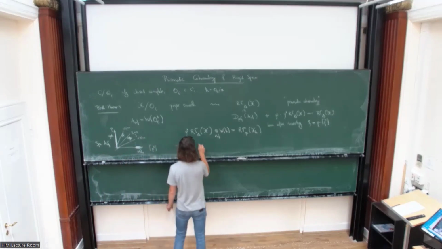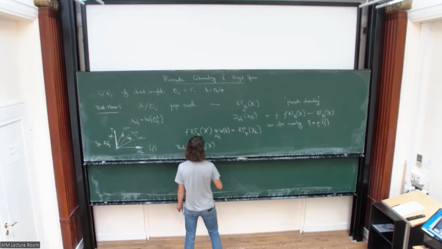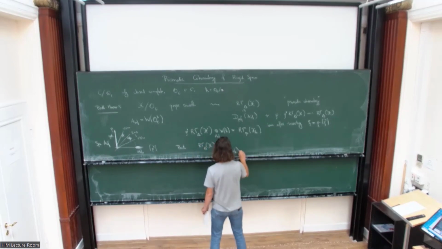But if you take the prismatic cohomology and restrict it, you can draw this as some kind of vector bundle on the spectrum if you want.